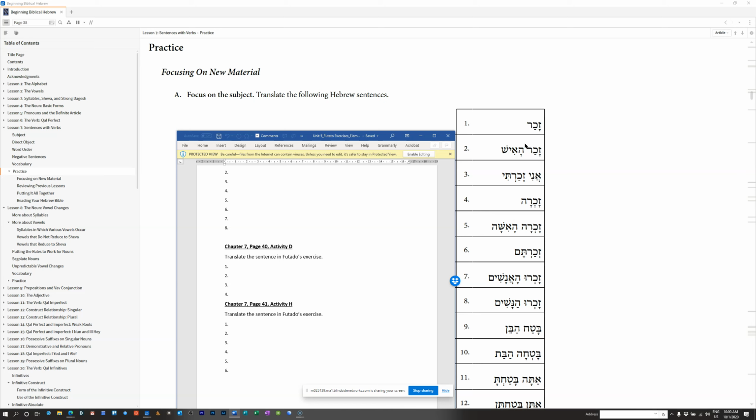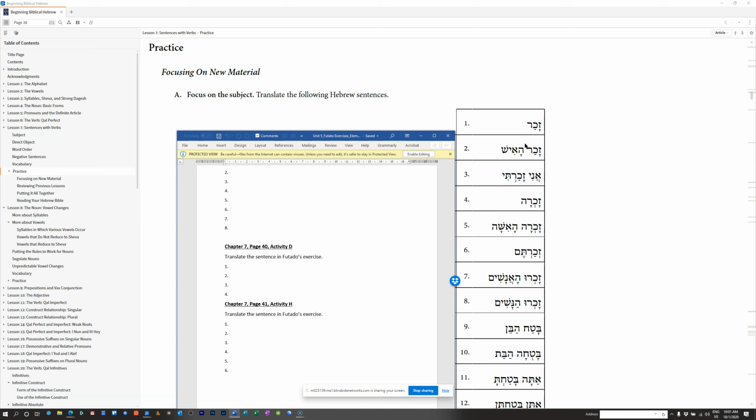So if you have a first person subject in the perfect conjugation, instead of zachar, you're going to get zacharti. Because that subject is indicated by the form of the verb, you don't need a separate word to identify the subject.